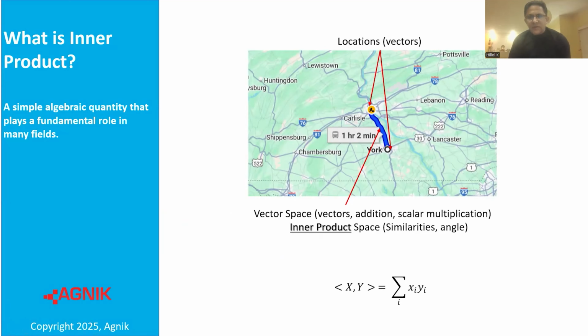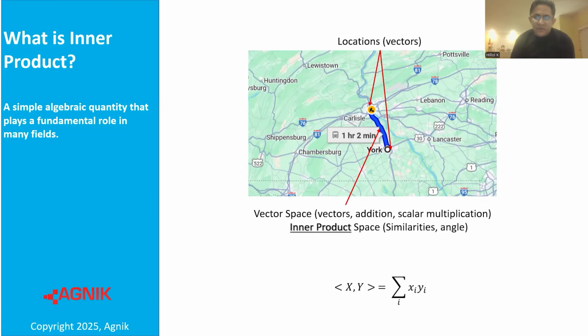All right. To start with, let's talk about inner product. What is it? Why is it important? Inner product is a simple algebraic quantity, which is frequently used in many different disciplines, for lots of different things.